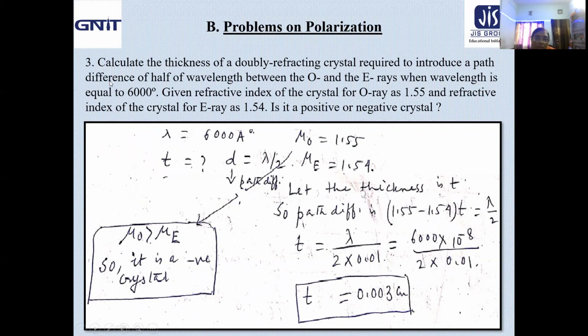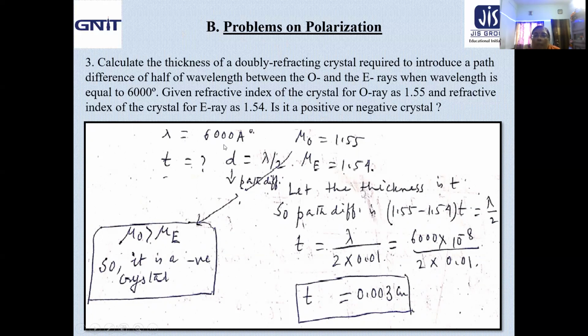To introduce a path difference of half the wavelength. Path difference we normally express in terms of D, so D equal to lambda by 2, half of the wavelength. It is given that lambda equals 6000 angstrom.